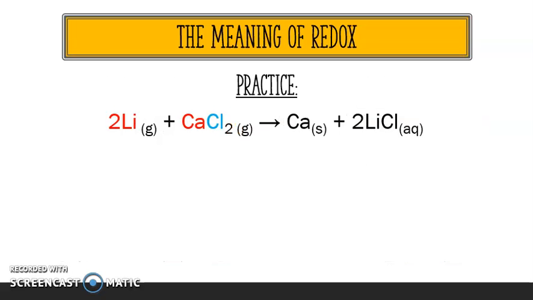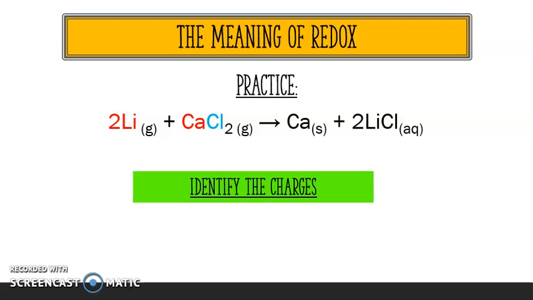Now let's take a look at what this actually looks like in a chemical reaction. Here is one where we have lithium reacting with calcium chloride. This is a single replacement reaction. It is one of the redox reactions, and therefore electrons must be being exchanged. So how do we actually prove that electrons are being exchanged in this chemical reaction?